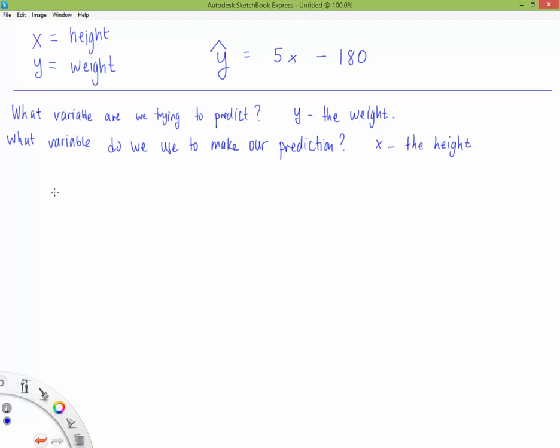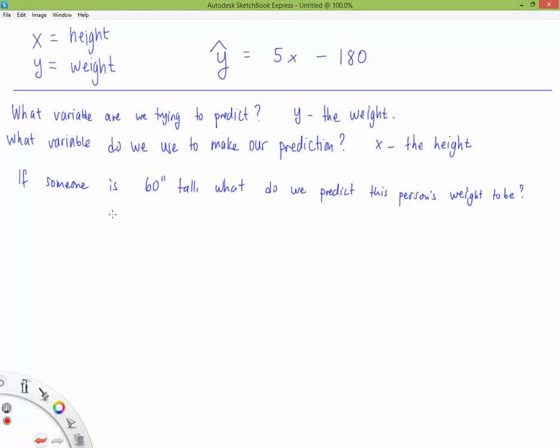We're going to say y is equal to 5x minus 180. So here, if someone is 60 inches, 5 feet tall, what do we predict this person's weight to be?